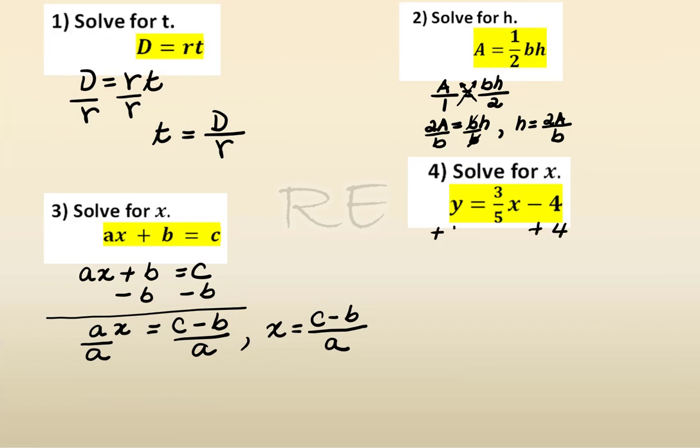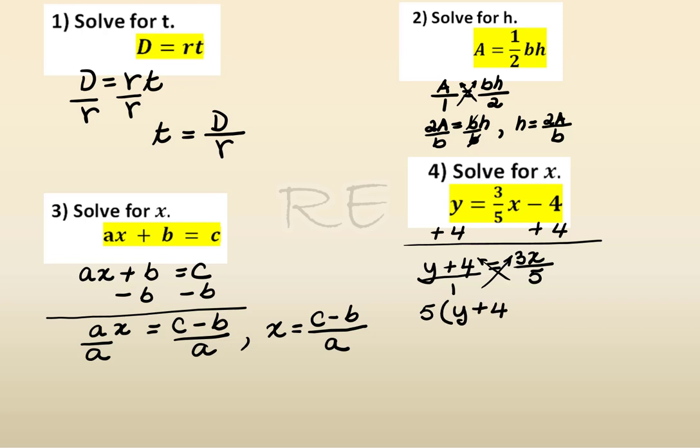And here's another equation of a linear function. We are solving for x. We add 4 to both sides. y plus 4 is equal to 3x over 5. y plus 4 over 1 is equal to 3x over 5. We cross multiply. 5 times y plus 4 is equal to 3x.